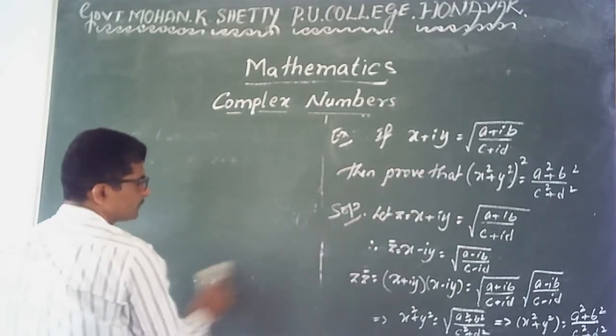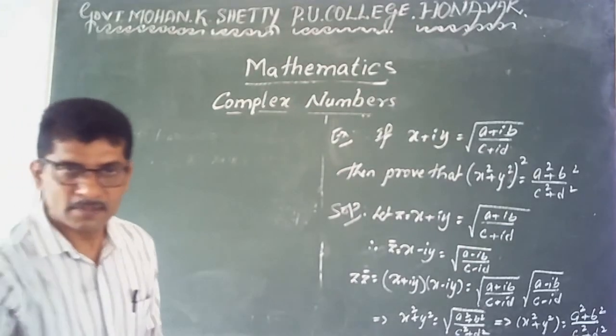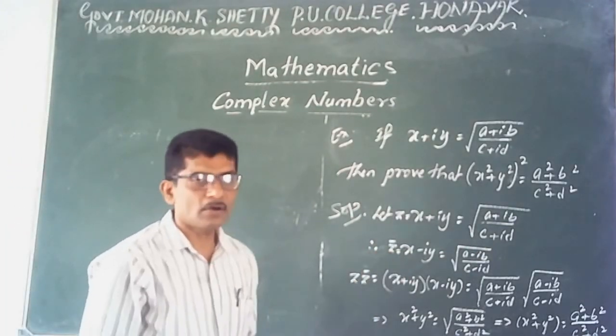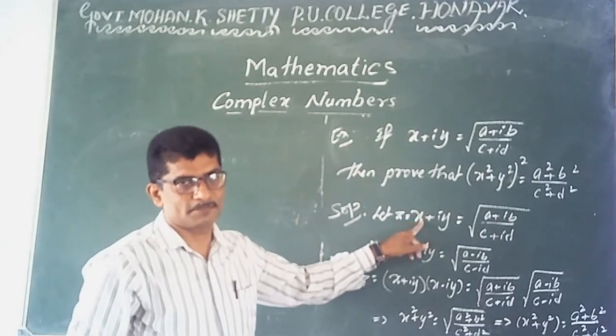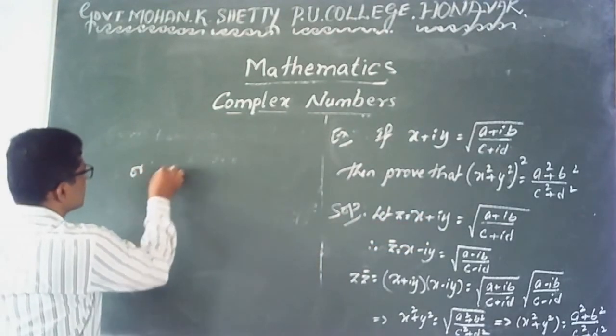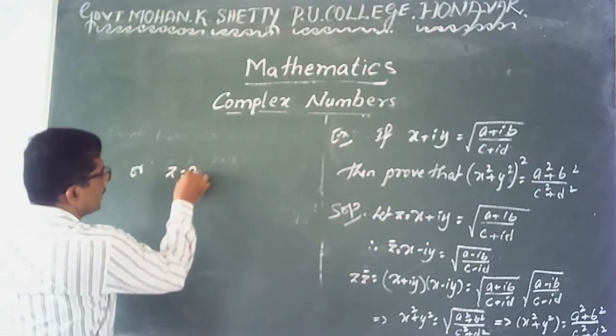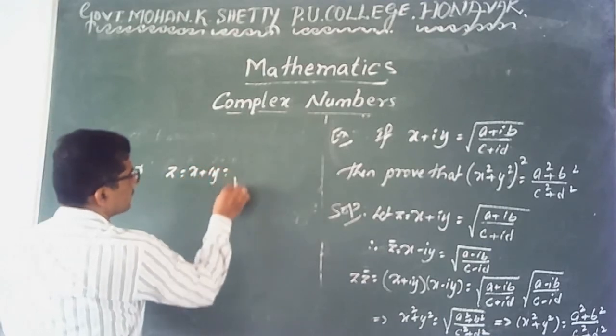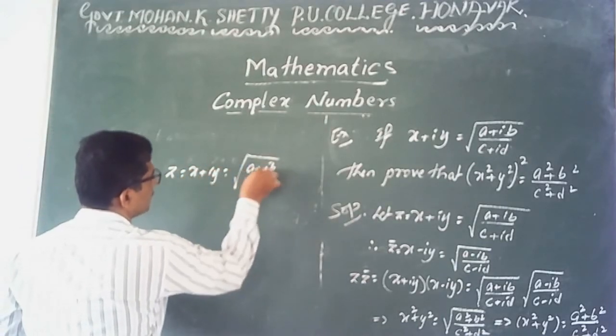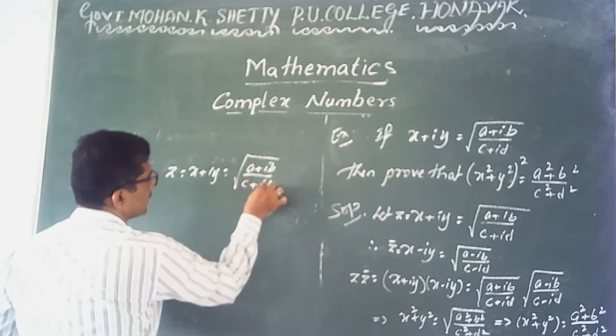So, either using the conjugate pair or using the modulus, you can prove this. z is equal to x plus iy, given that its value is root of a plus ib divided by c plus id.